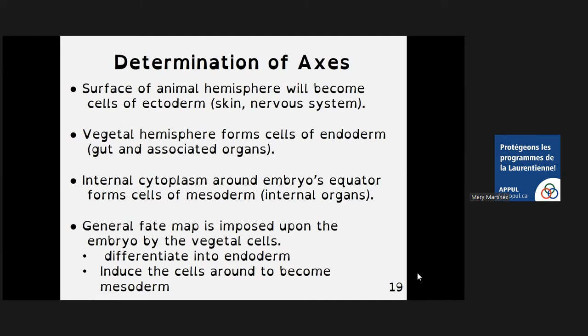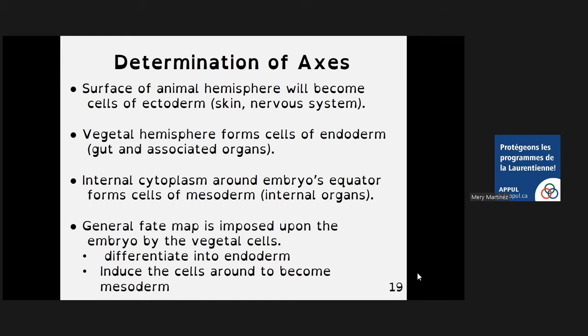Okay, so the unfertilized egg has a polarity along that animal-vegetal axis. Thus, the germ layers can be mapped onto the oocyte even before fertilization occurs. The surface of the animal hemisphere will become the cells of the ectoderm, and we know that the ectoderm is responsible for the formation of the skin and the nervous system, while the vegetal hemisphere forms cells of the endoderm, gut, and associated organs.